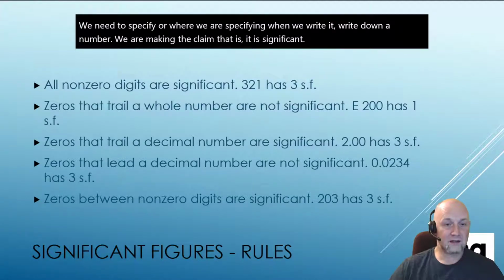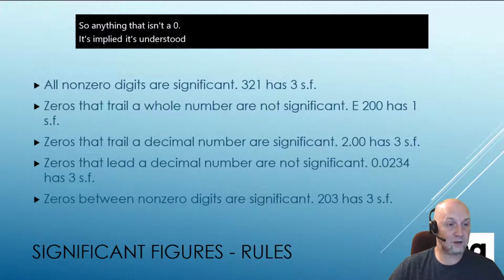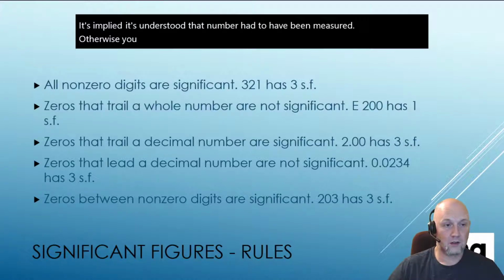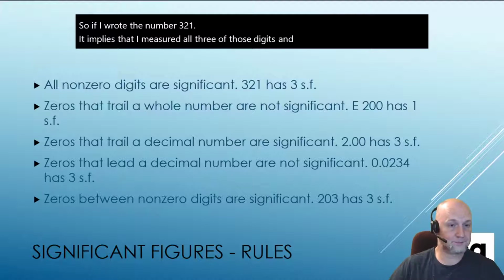So anything that isn't a zero, it's implied, it's understood that that number had to have been measured. Otherwise, you wouldn't have written it down. So if I wrote the number 321, it implies that I measured all three of those digits, and therefore they are significant.